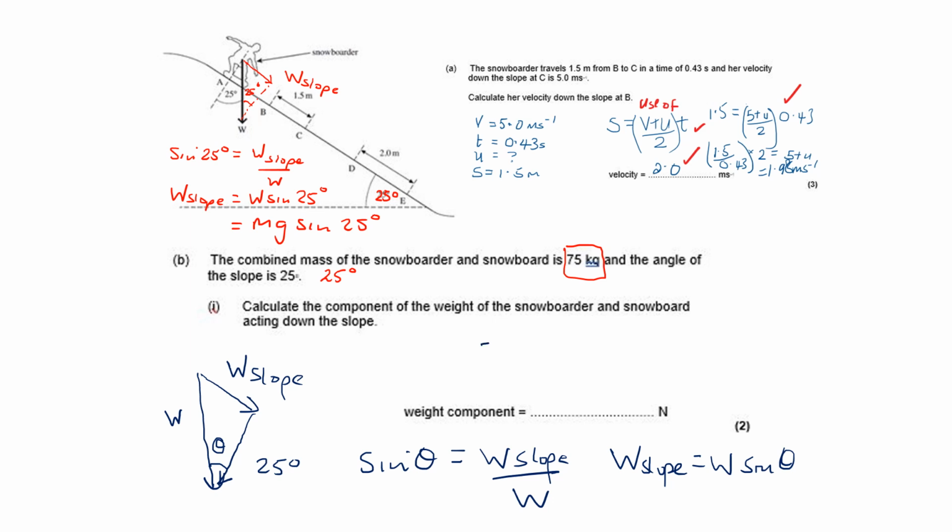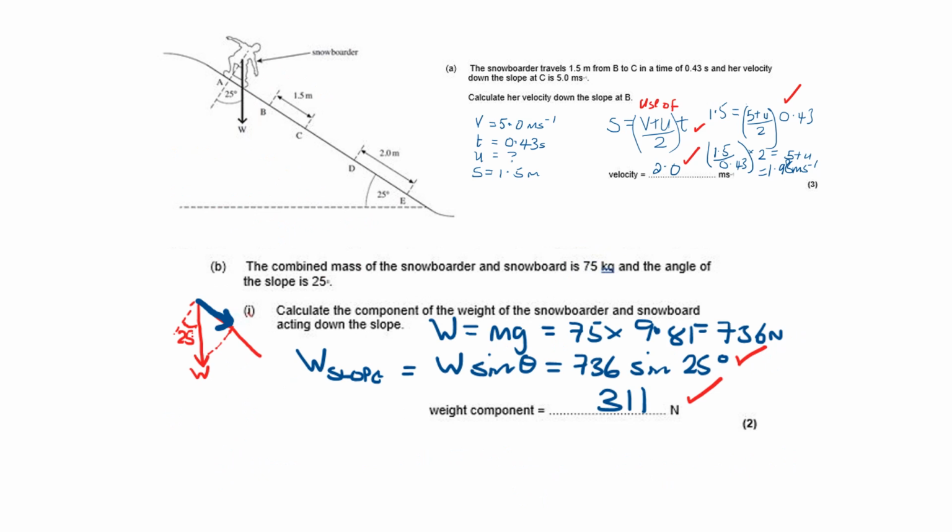So it's going to be 75 times 9.81, and then multiply that by sine 25. So mg is 736 newtons, and that's the weight, and so W sine theta is 736 sine 25, which equals 311 newtons.